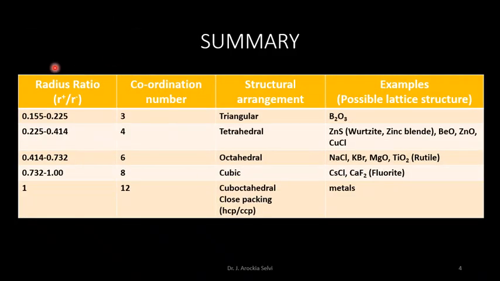So here is the summary, which depicts the radius ratio values, coordination number, expected structural arrangement, and the examples of ionic compounds.